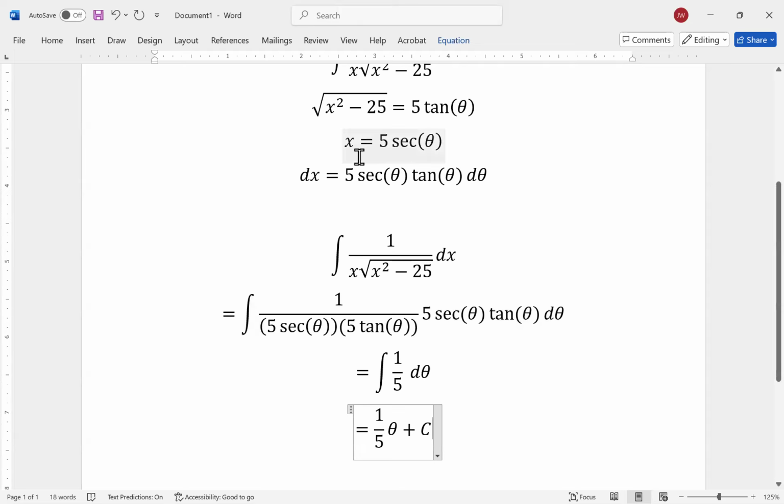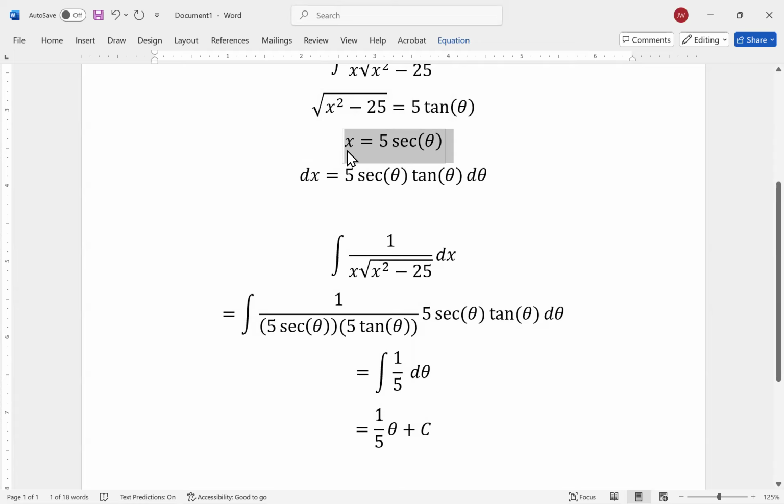Now we may say, I don't know what theta is. I know that 5 times secant of theta is x. I know that 5 times tangent theta is this square root. What's theta? Well, here's how we go about that. Now I want to figure out what theta is.